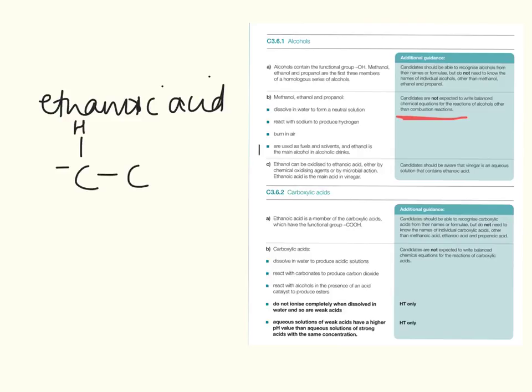Each carbon must have 4 bonds, remember, and because it's a carboxylic acid, it will have this functional group on it, this COOH group, that's how we spot them, and they all end in oic acid.